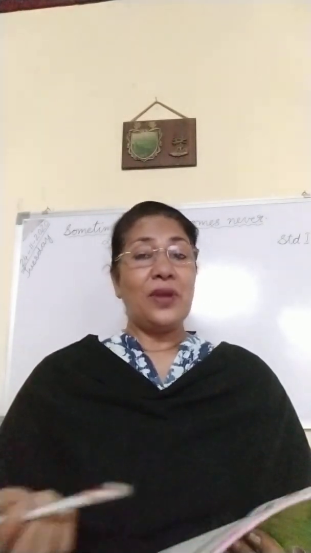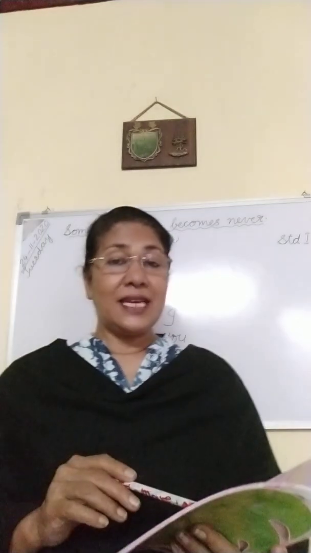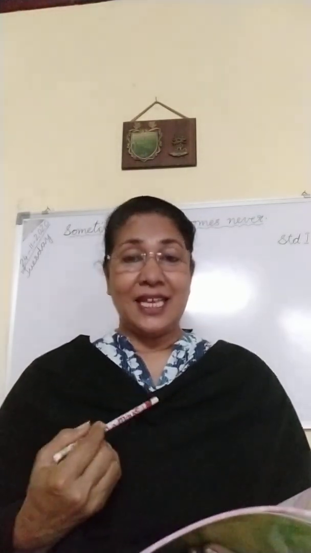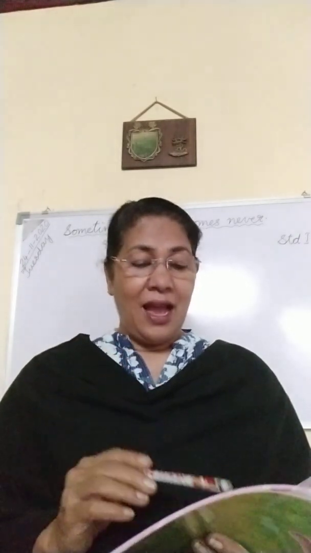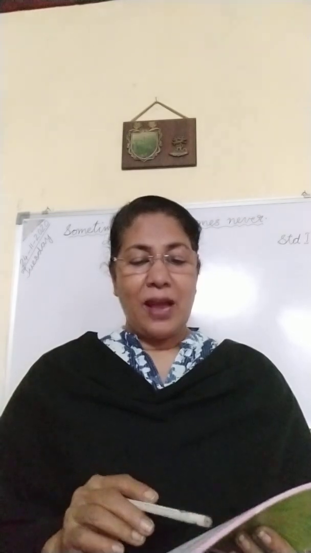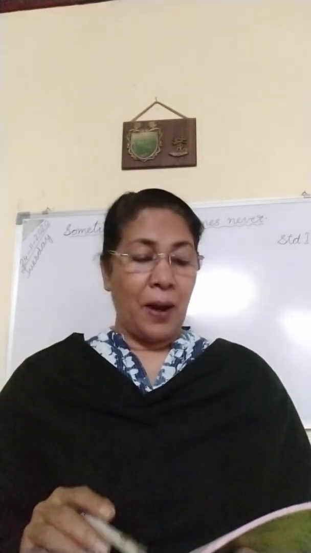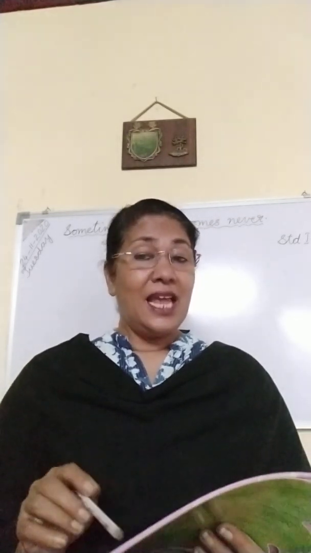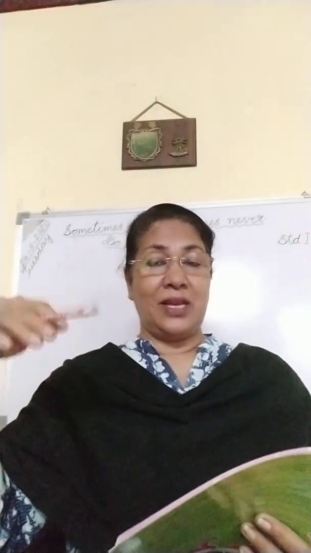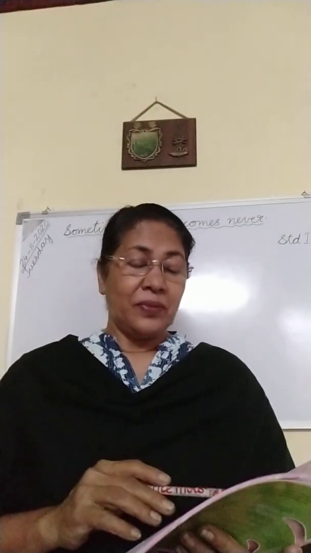But now again you're talking about dash am. What is it? With am what comes? Yes, I. Capital I. I am only 7 years old. My family lives in an apartment. In an apartment. Apartment means what is it? Yes, like flats. Yes, in an apartment.